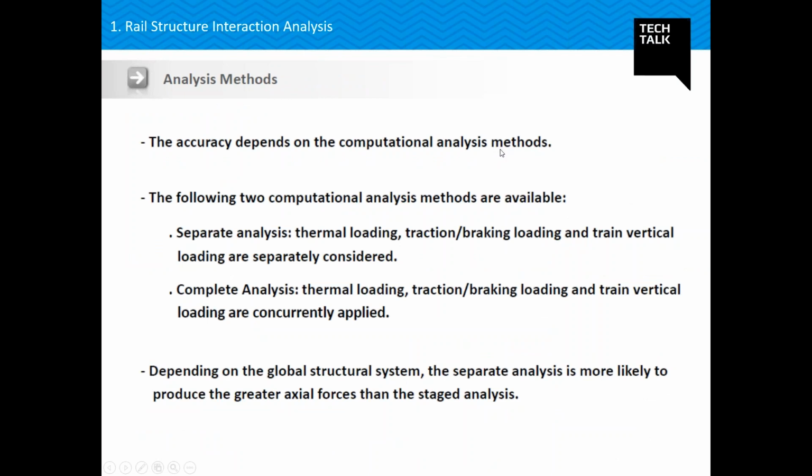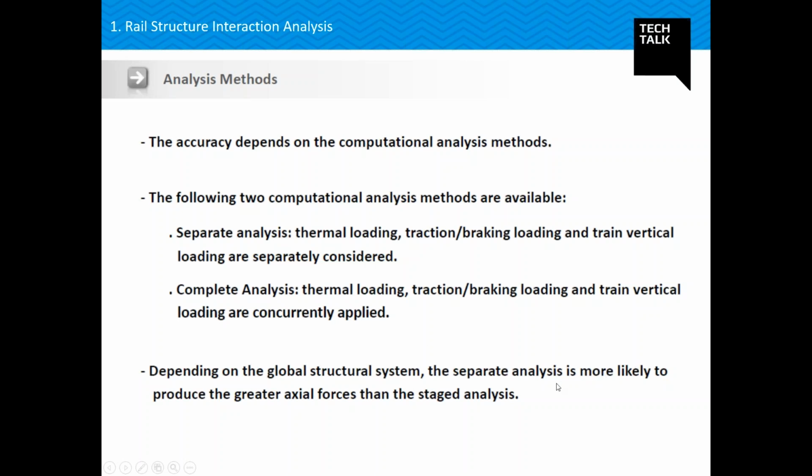So as I told you, there are two ways to do the analysis. One is separate analysis, where I do separate analysis for thermal loading, traction braking, and train vertical loading, and I combine them linearly and get the stresses. And the second is complete analysis, where thermal loading, traction loading, and train loading are all applied in a single model, and the stresses are calculated.